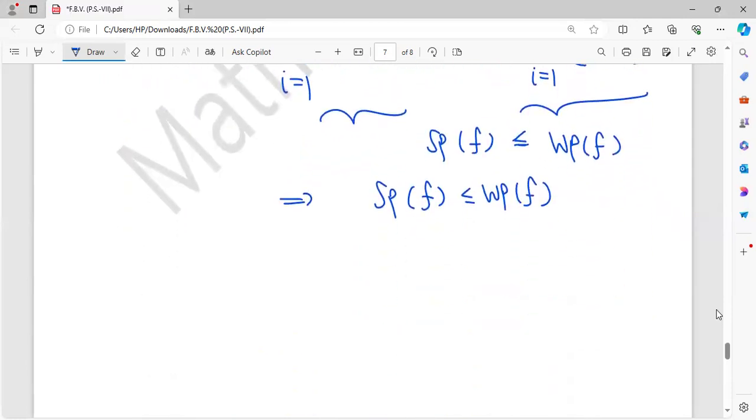Now, so let's say this equation number 1. Okay. Now we have this interval.